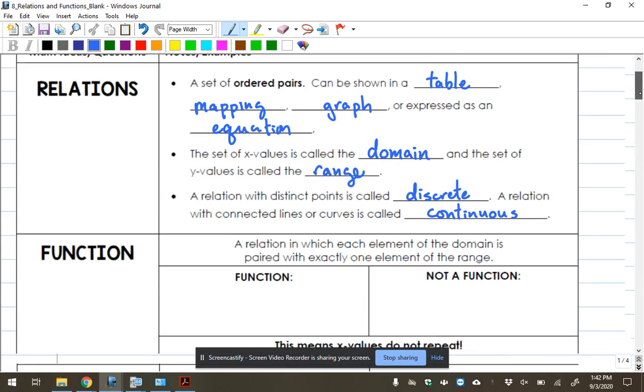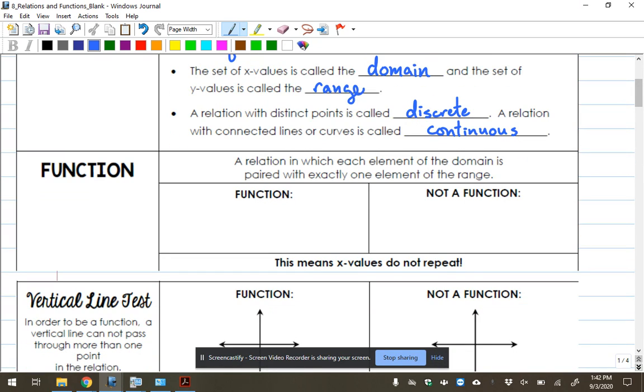Okay. All right. Next box talks about functions. A relation in which each element of the domain is paired with exactly one element of the range is a function. Okay. An example of a function, I'm going to write it as a set, curly braces, and then ordered pairs. (0, 1), (-5, 2) is the second ordered pair. (6, -2) is the third ordered pair.